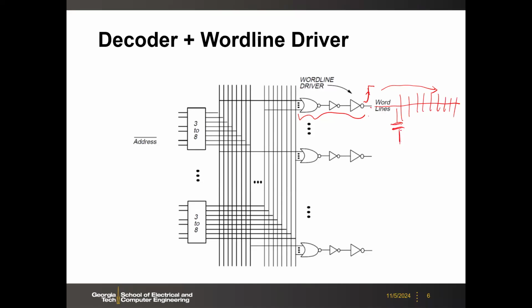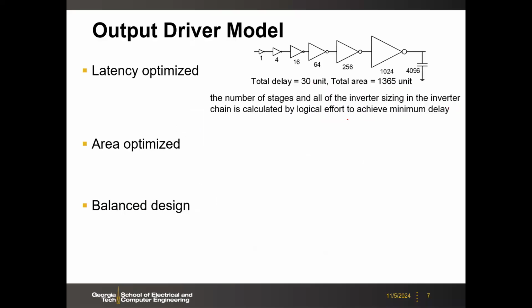To ensure the delay meets your timing requirements, typically after the decoder you need a few stages of driver. What is a driver? A driver is an inverter chain, right? In your digital circuit, to speed up, you size up the inverters. So here, how do we design the driver?